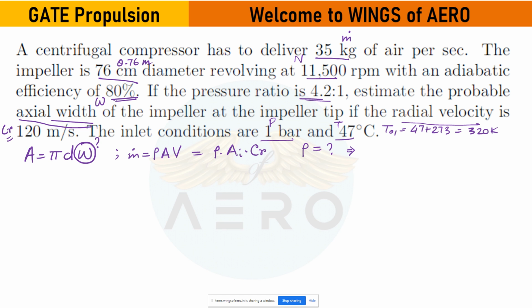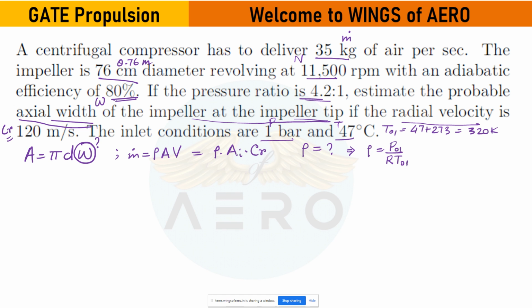Yes, very good. I have already shown you the formula. Rho equals P by R T. One more thing, they asked to find for the tip.